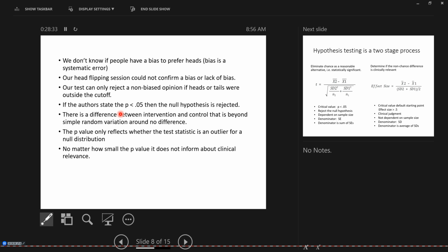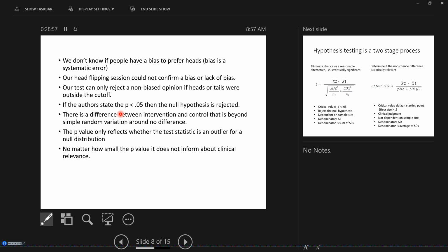If we were going to ask amongst you, I didn't do this, but if you were going to flip a coin, would you call heads or tails? A lot of people maybe pick heads.